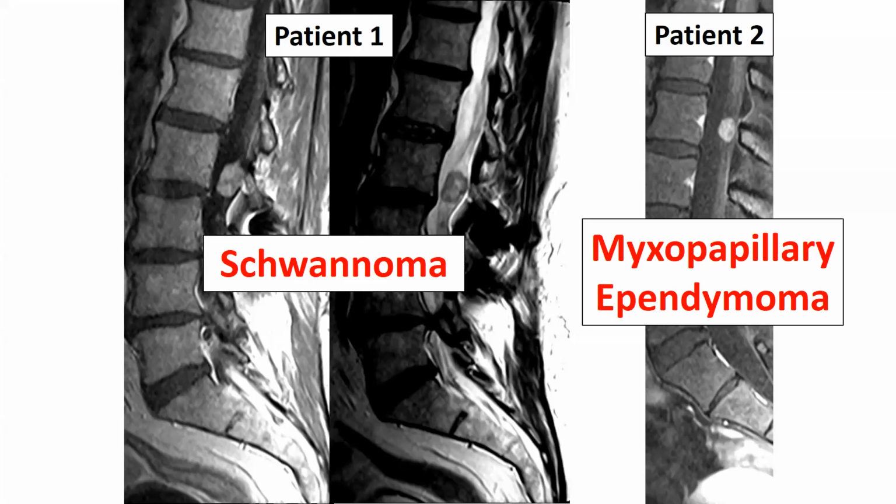Now, here is the point. The point is there's always an imaging spectrum, and sometimes they say a little bit of knowledge is dangerous, so maybe you know that the characteristic imaging presentation of myxopapillary ependymoma is boxcar. We say sausage sometimes. Sausages have rounded ends for the most part, right?